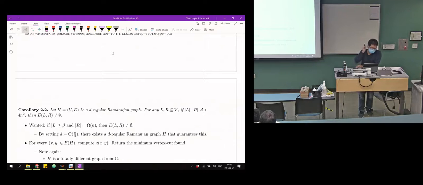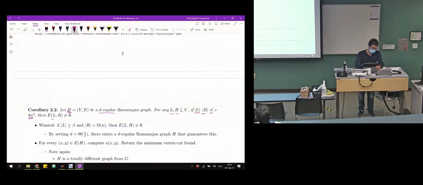I want to recall again the property of Ramanujan graphs. From the last lecture, we saw that if H is Ramanujan and D-regular, with degree D, then if you take any sets L and R (we used to say S and T, but here we say L and R) with large enough size, that is, if L times R times D is bigger than n squared, then there must exist an edge of H between them.